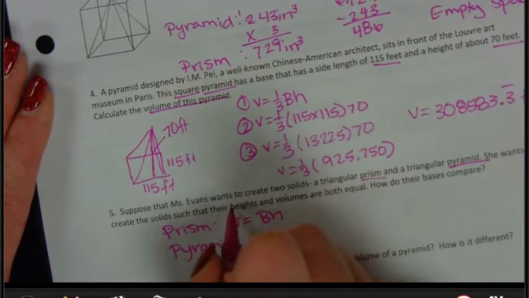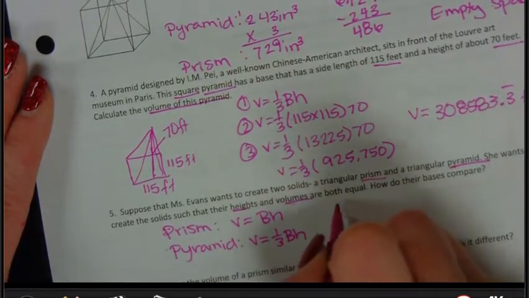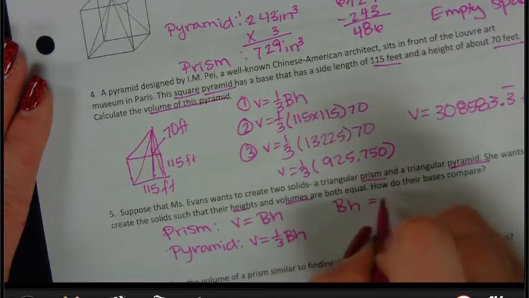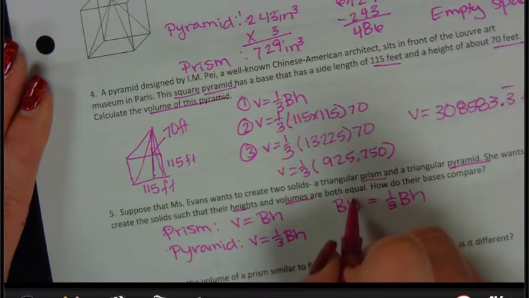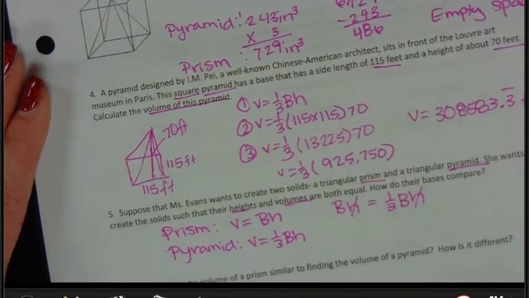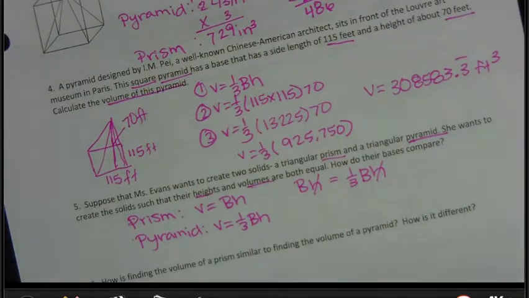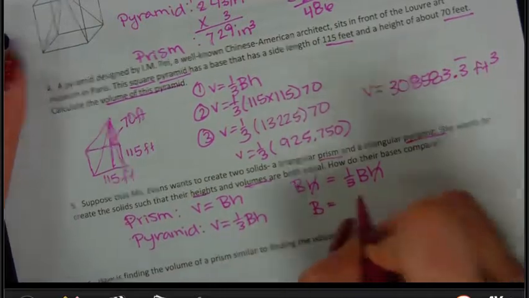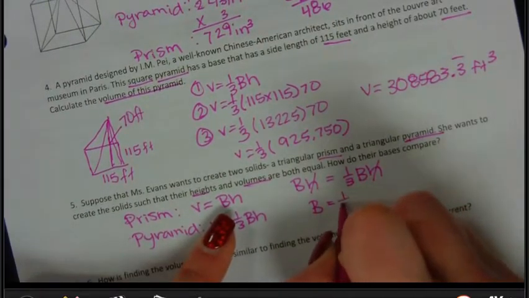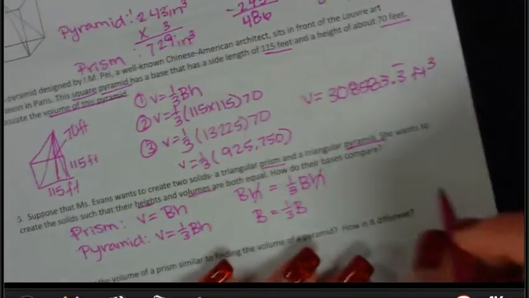It wants to know when both my heights and my volumes are going to be equivalent, meaning I'm going to set these two equations equal to one another. Well, look, if I want my heights to be equivalent, I can go ahead and cancel them out, because if they're both a height of 2, and if I were to divide 2 by 2, it's going to equal out to 1, which means the base of my prism is going to be 1/3 the base of my pyramid.